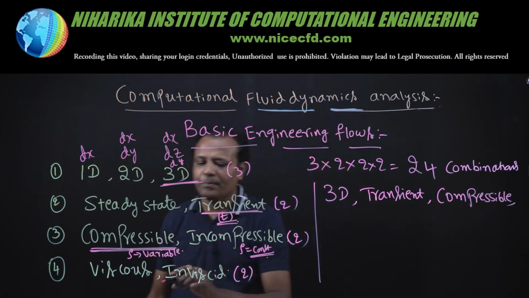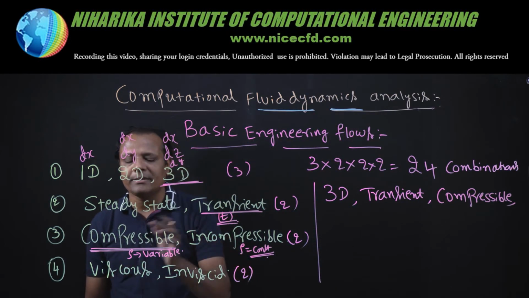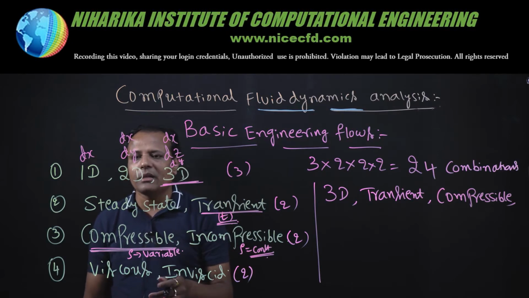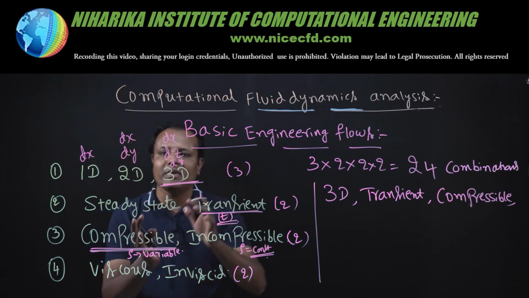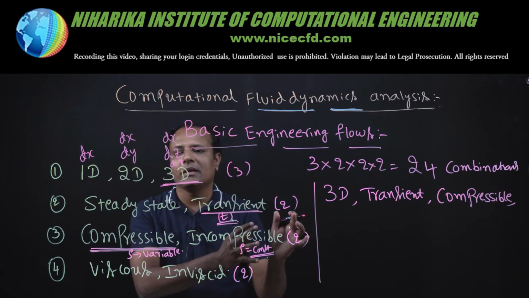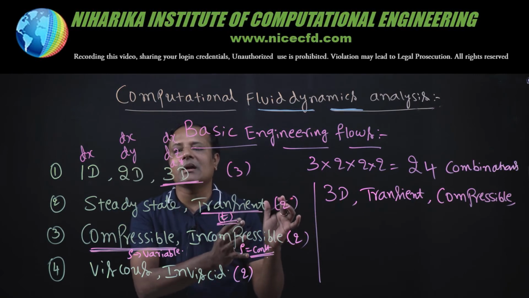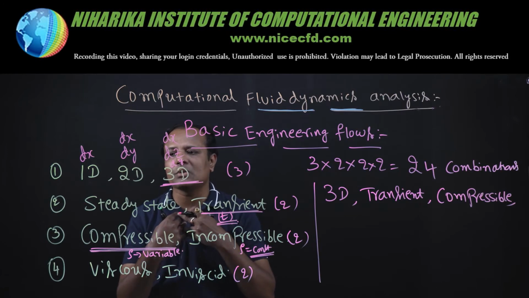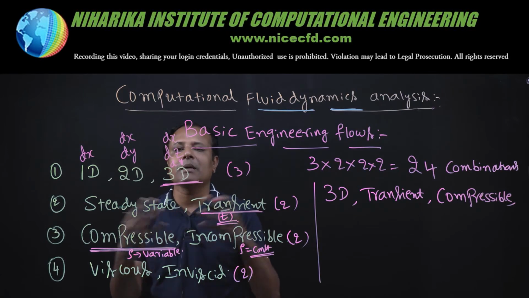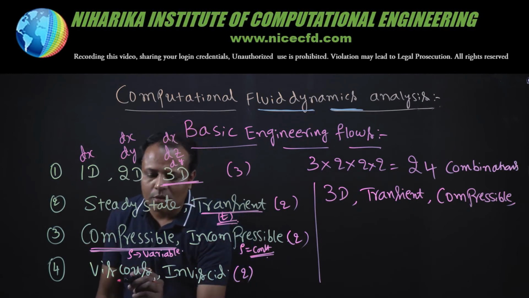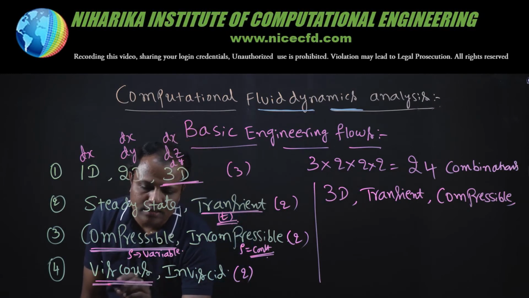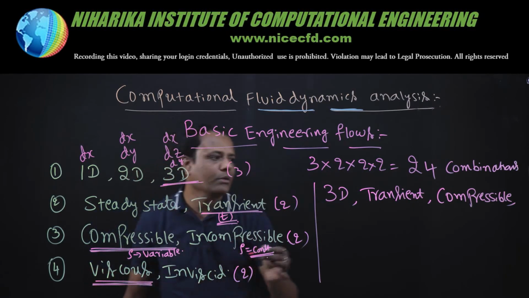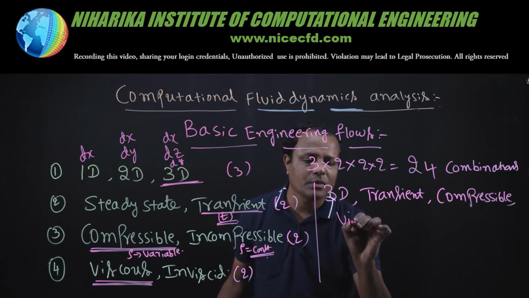Come to the fourth, viscous and inviscid. As I already told in the conservation principle, your Navier-Stokes equation has right-hand side terms which are called viscous terms. If you simply equate the viscous terms to 0, your equation will become inviscid. So viscous contains the terms which are applicable to inviscid also.